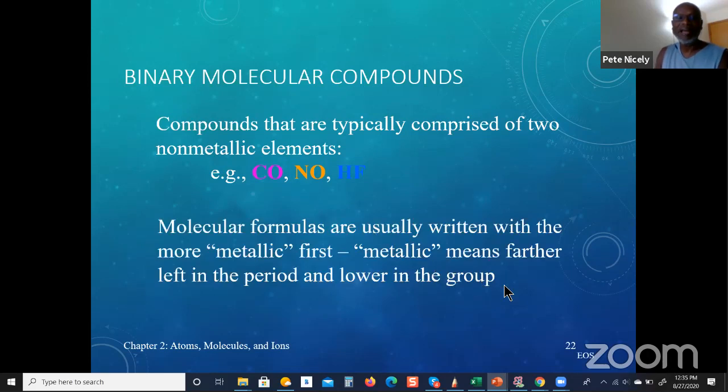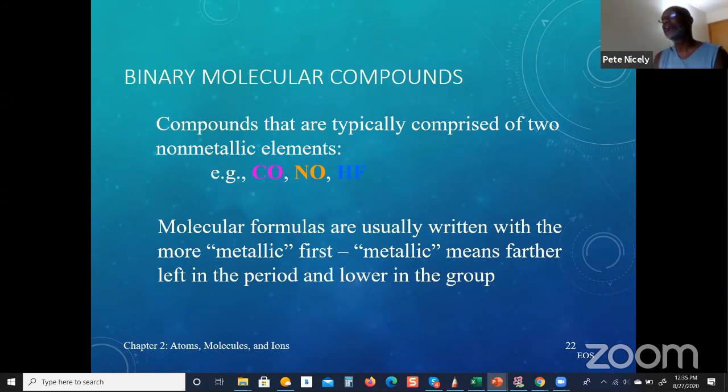Now, whenever we're writing the formulas for these compounds, the standard is that we write the more metallic element first, followed by the less metallic element. Of course, they are non-metals, so there are no metallic elements. So you could look at it in terms of the electronegativity values.